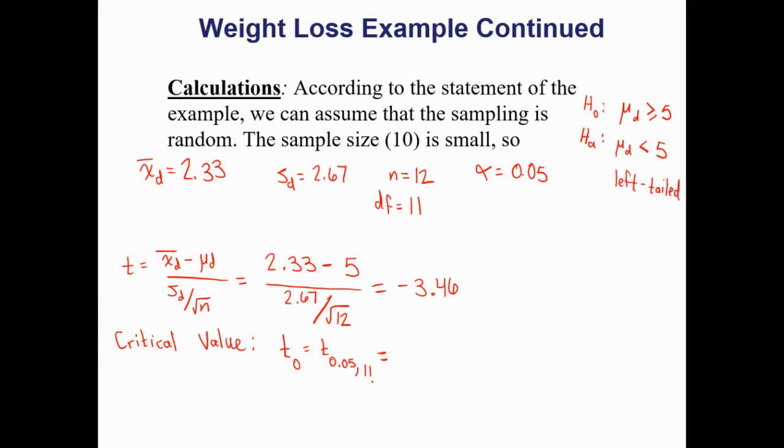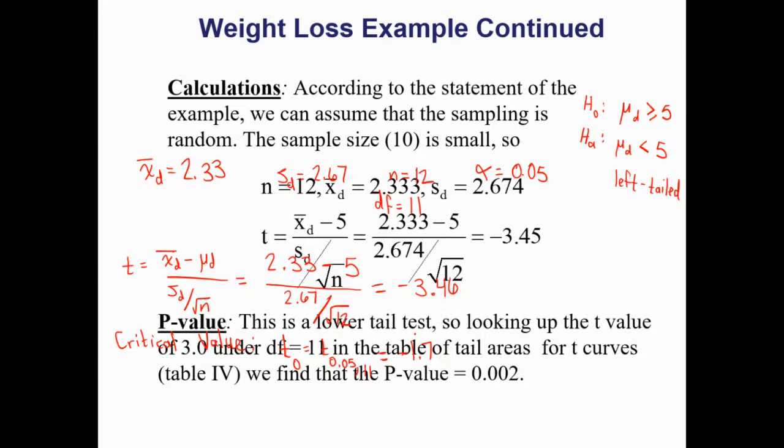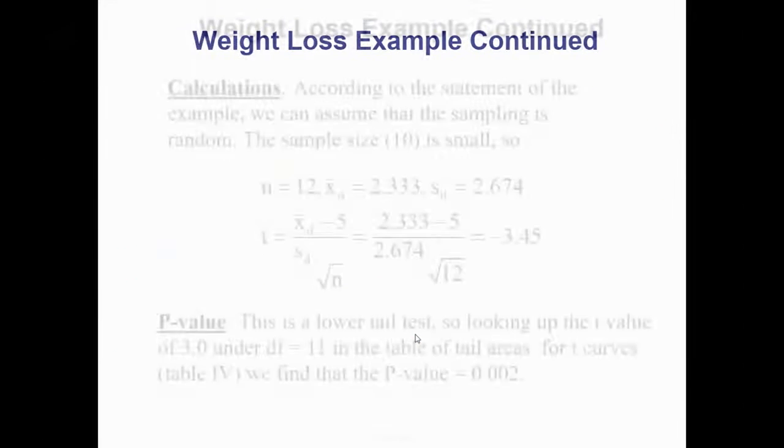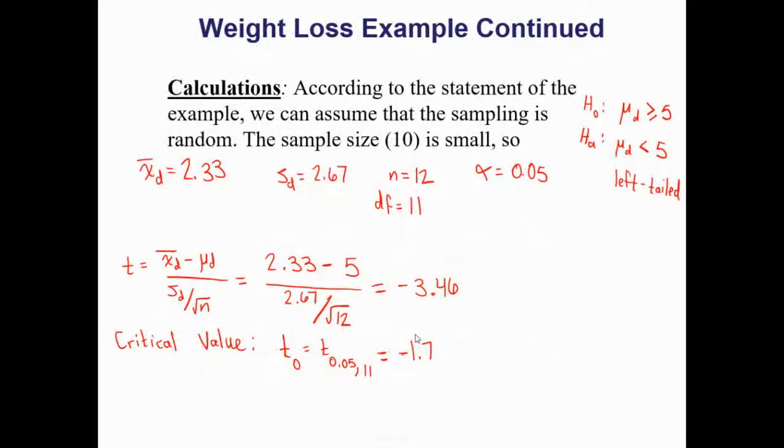So if I look up 11 degrees of freedom, a one-tailed 0.05, 1.79, well, we're left-tailed, so it would need to be negative. Negative 1.7, you said 96? Yes, so let me check. Go back. Yeah, negative 1.796. Okay.